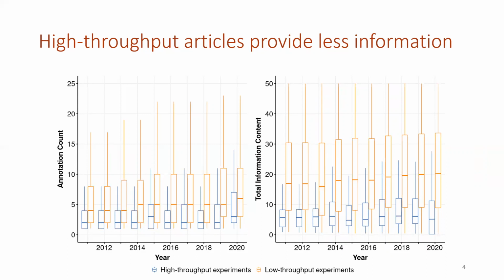So even though high throughput articles annotate a lot of proteins, they actually provide less number of Go terms and less informative Go terms compared to the low throughput experiments, the orange boxes. Also, the median total information content per protein from low throughput articles increases slightly from 2011 to 2020, indicating an information gain in the protein function space.